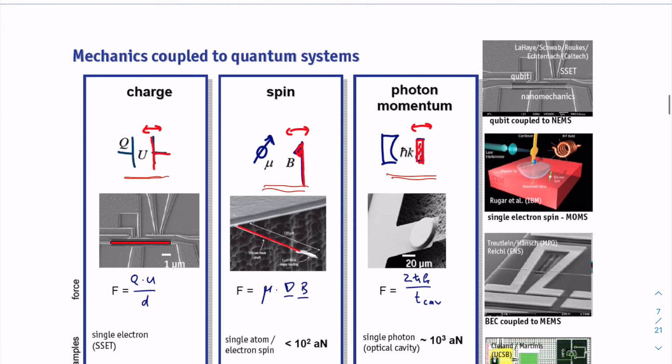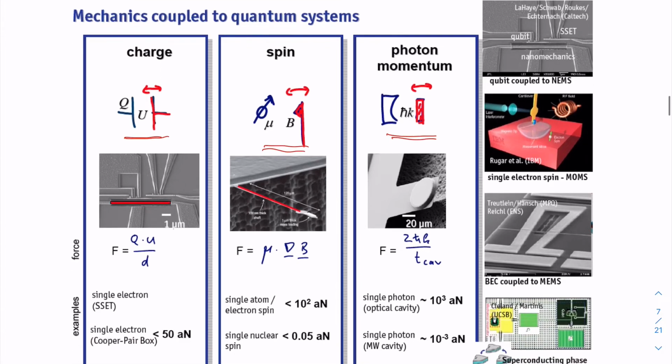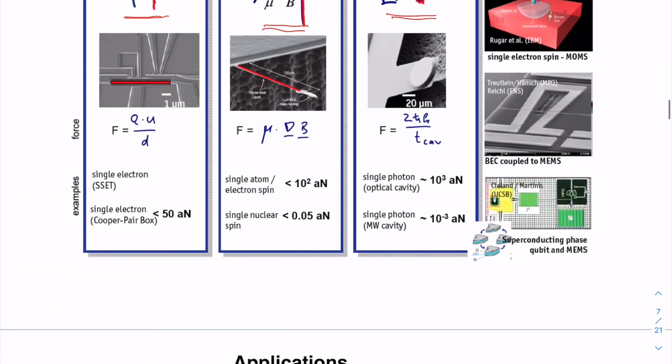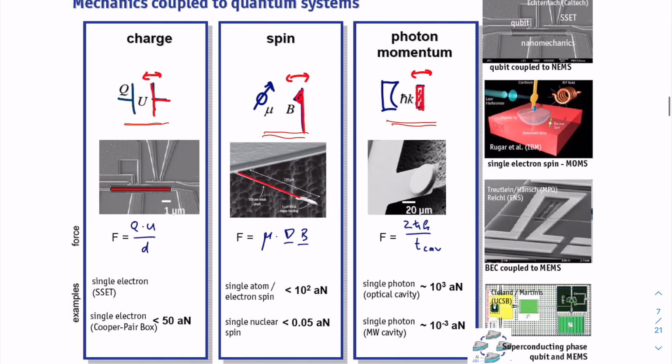One main advantage of this mechanical system is that they can be coupled to various quantum systems and they can act as a transducer, as I explained in the last class. And this is actually very useful, as we'll see later on.